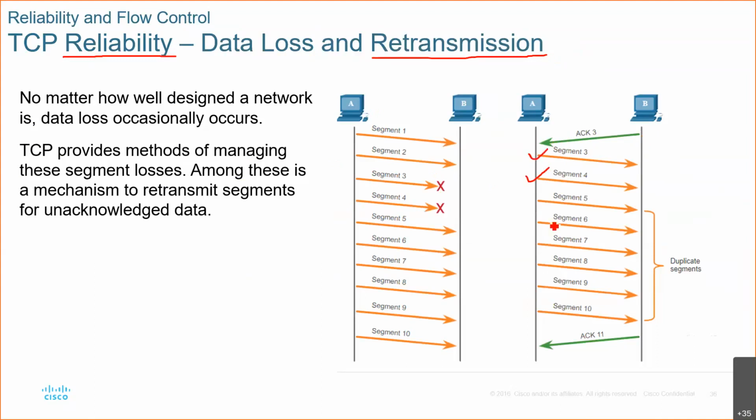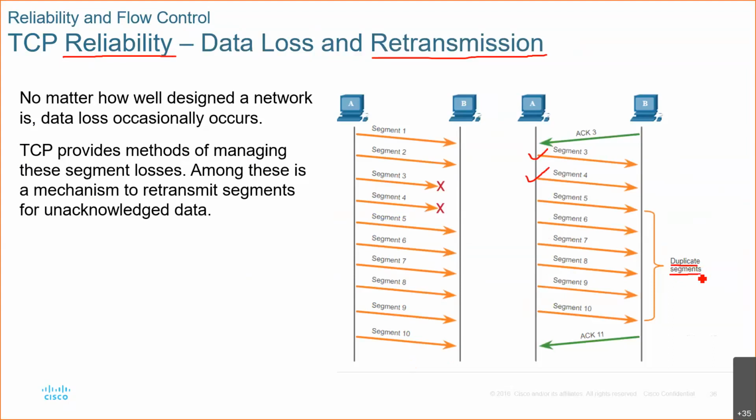But if you observe this, something which is not efficient is our 5 to 10 segments we had already sent, but it's going to send it again. So what you have is duplicate segments. Okay, so this is the inefficiency. When you send duplicate segments, you're slowing down the network.